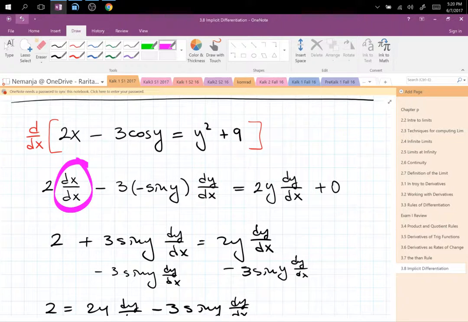So as long as you are trained to, right, anytime you take the derivative of an x term, you can just skip writing dx over dx because you know it's going to cancel to 1. You're not going to see the book do it, or if you go to the tutoring center, no one will do it because no one does it. But it's there, right? We don't write it because it cancels to 1.